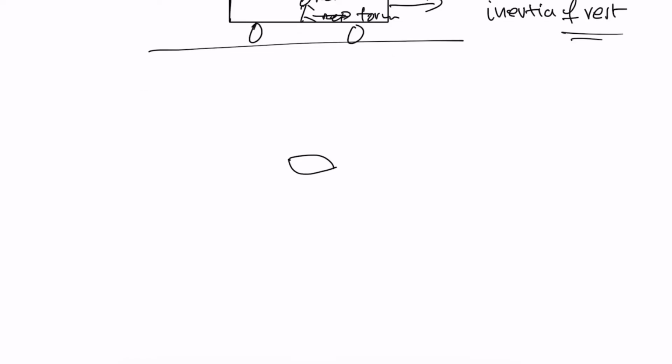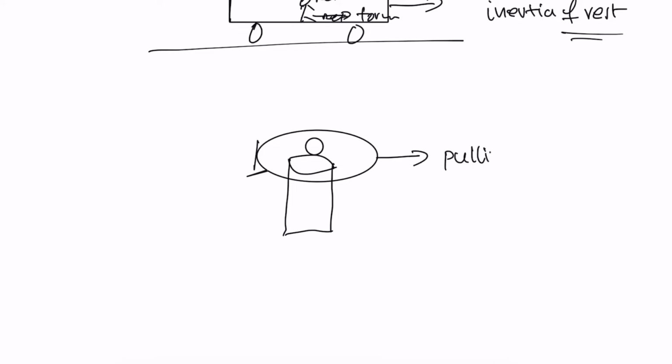Suppose we take a bottle. On the bottle I take a pad, and a ball is placed exactly on the neck of the bottle. Now suddenly it is pulled. Suddenly pulling means the friction is less.